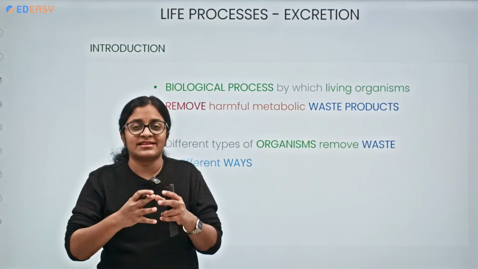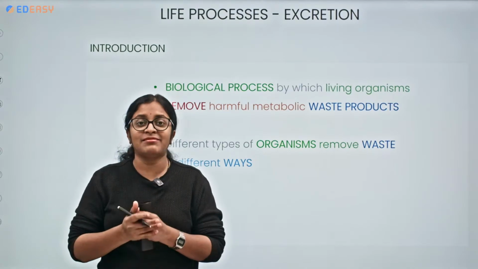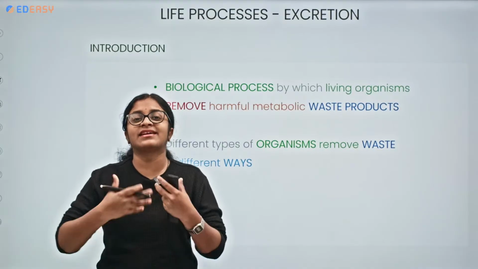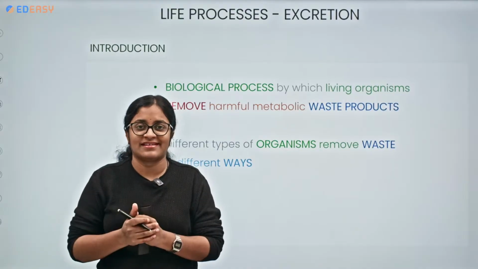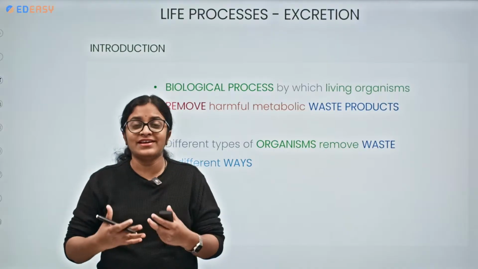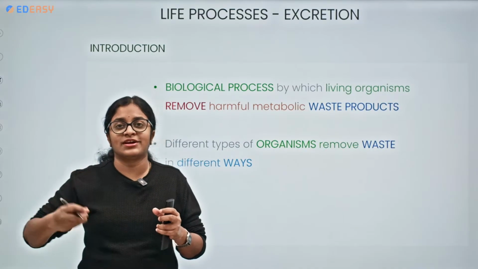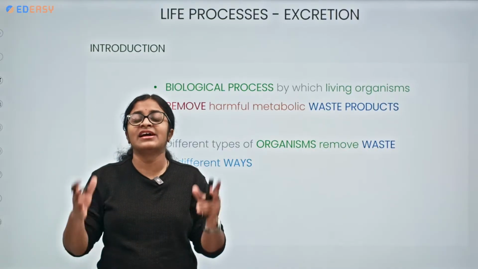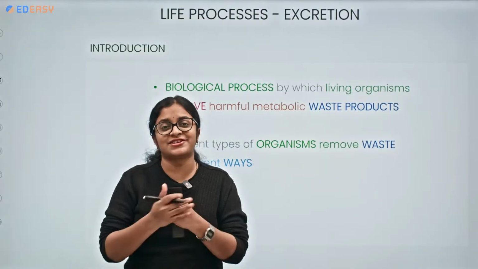There is a necessity for clearing all the trash, and in a similar manner in our body also, when waste materials are produced, they should be removed. That is really very essential. Otherwise, all the waste material gets piled up and this leads to toxicity. So that is the reason we have the process of excretion, which is a biological process.